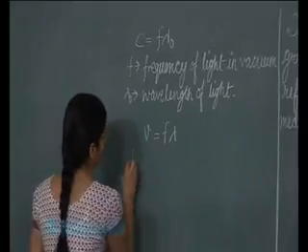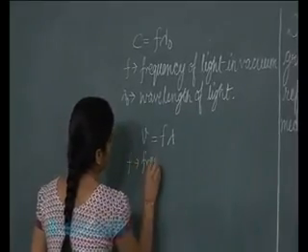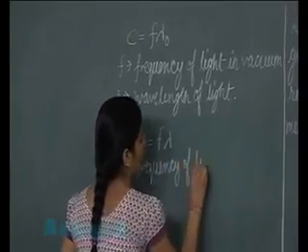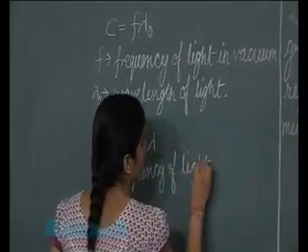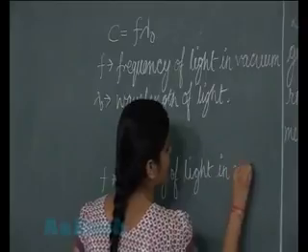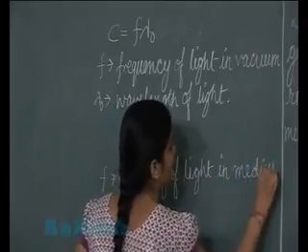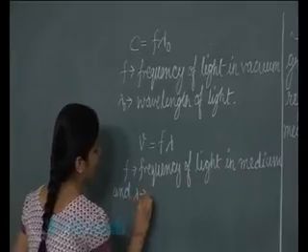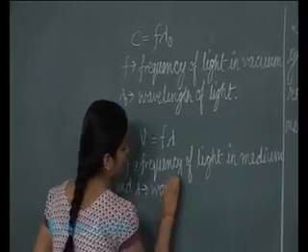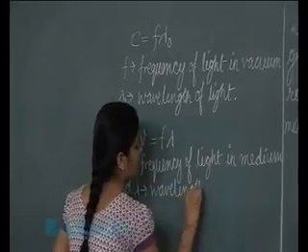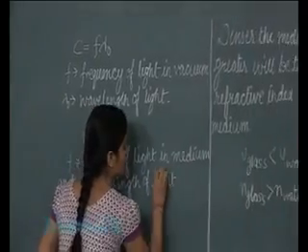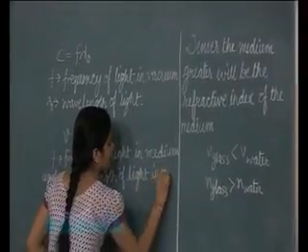So f is the frequency of light in medium and lambda is the wavelength of light in medium.